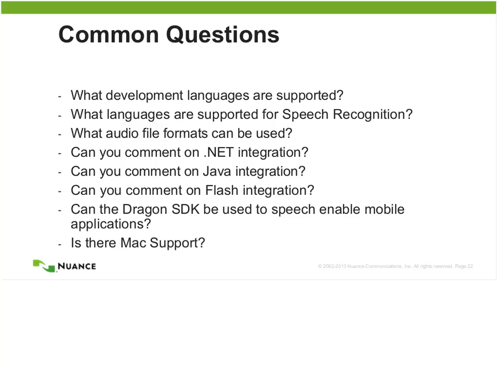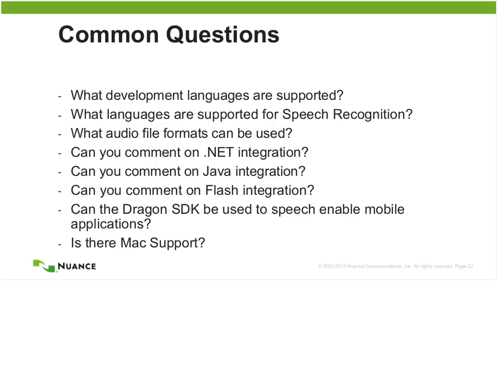Okay, great. Can the Dragon SDK be used to speech-enable mobile applications? So as I mentioned, it's not really a good use case if you're designing an application where you want the recognition result going directly into the mobile device, because Dragon doesn't provide any interfaces or tools for that.